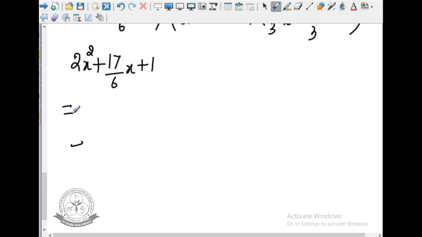If I take the LCM here, 12x² + 17x + 6 divided by 6, because the denominator I am having is 1. So I should multiply by 6 in the denominator, which means I should multiply by 6 in the numerator also. So 12 will come, plus 6 into the plus 1, there also I should multiply by 6.